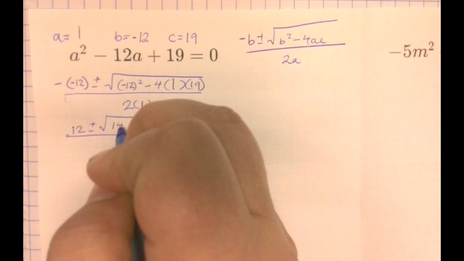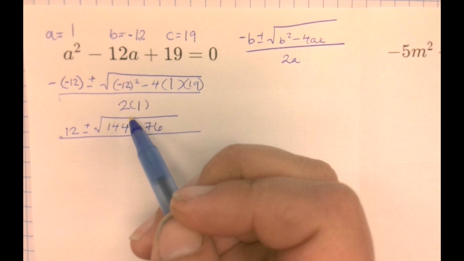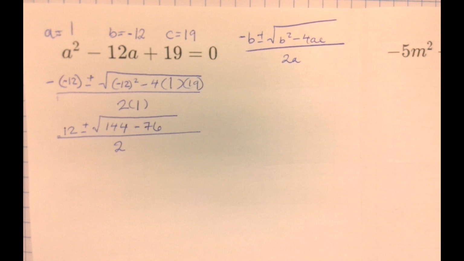Who has a calculator near them? Good. One of y'all tell me. It is 76. Question. 2 times 1. Do it. Okay.